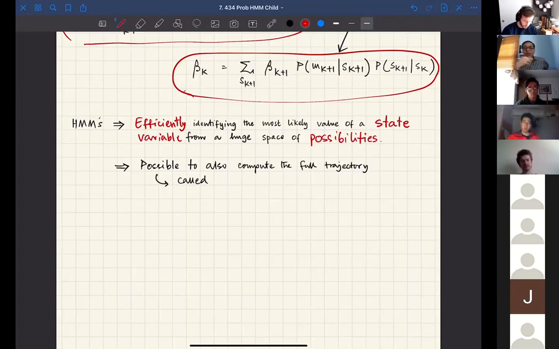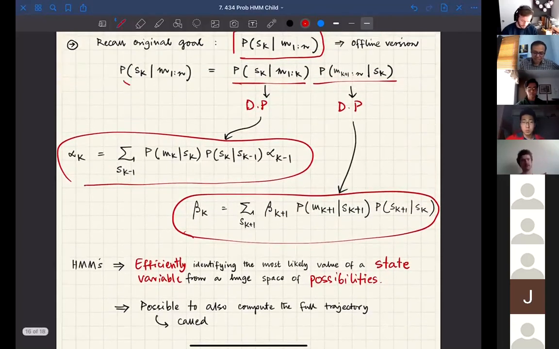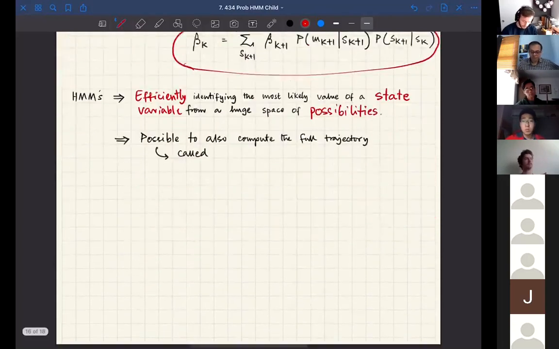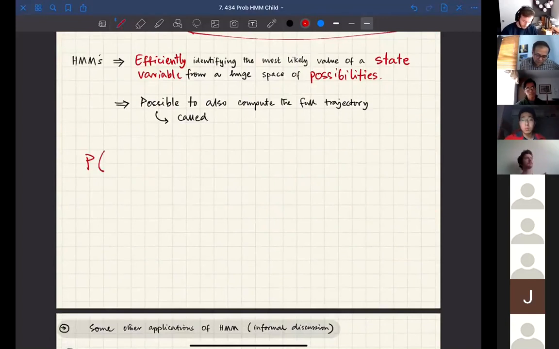That's called the state space, meaning the space of all trajectories possible. Now remember over here we are calculating Sk, but it's also possible to calculate S1 through N. What would this be in English language? Probability of what? Trajectory. The probability of trajectory. Very good.